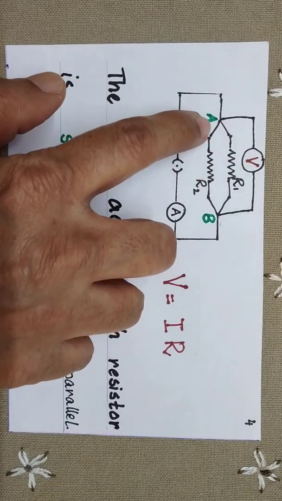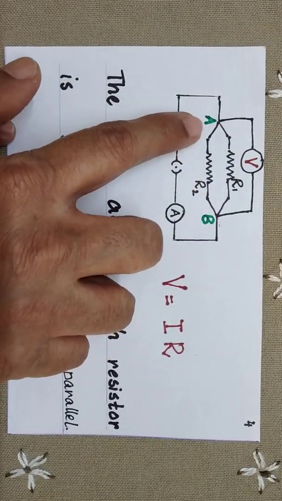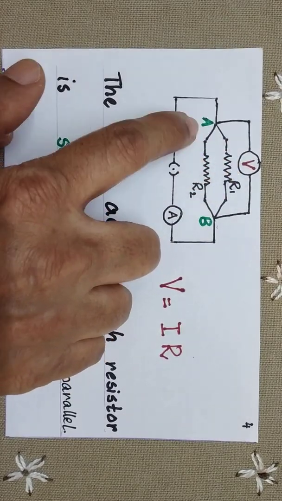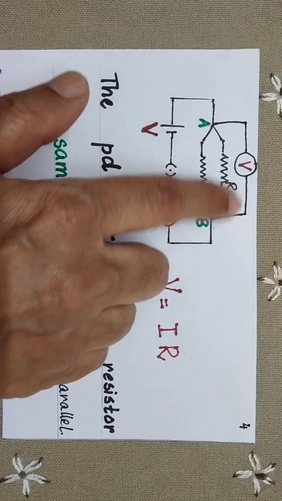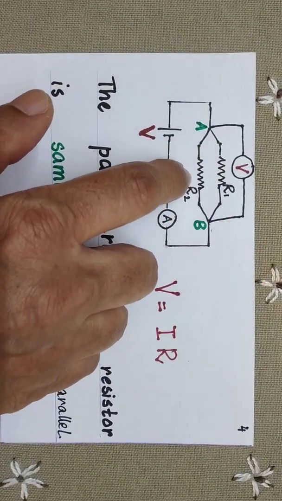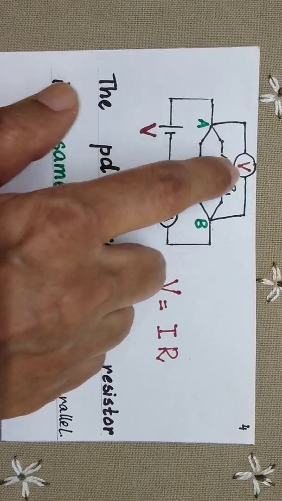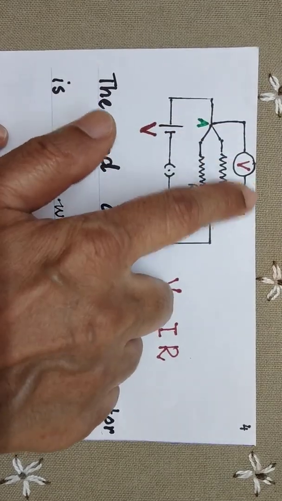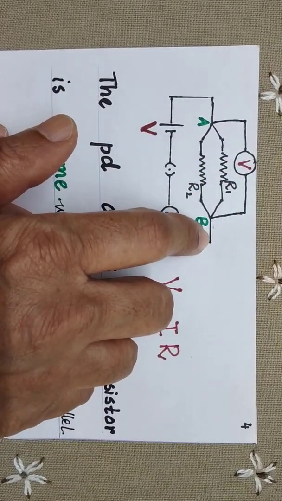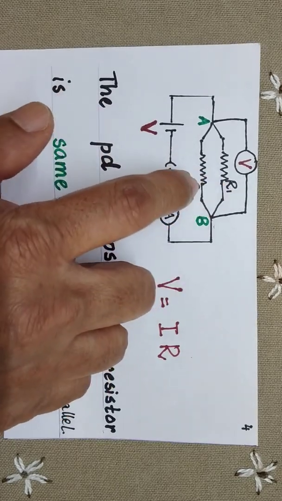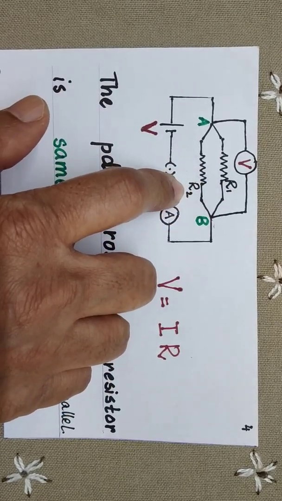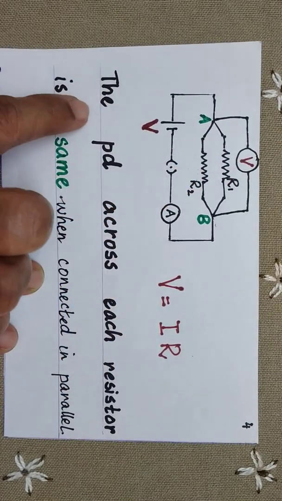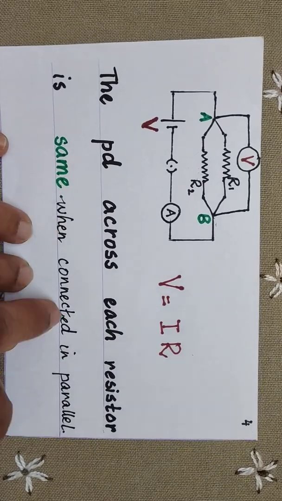And voltmeter is also connected across the points A and B. So this PD across the resistance over here is actually showing the PD for these two combined, because you have taken the connection from the same points. So PD across R1 is same as PD across R2. That is what you are going to remember here. Okay. So you can say the PD across each resistor is same when connected in parallel.